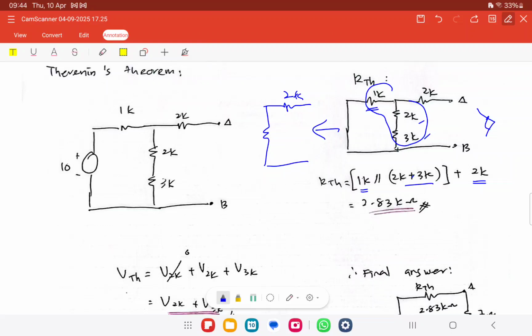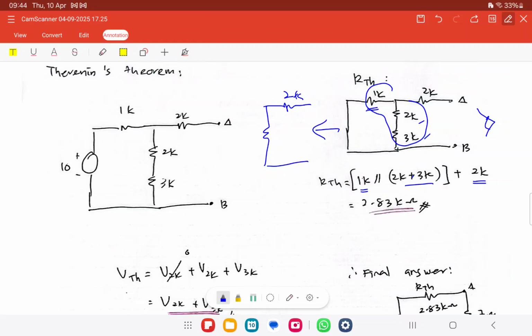So VTH, this one, V2K plus V2K plus V3K, sebab dia from this node. Tapi yang ni kenapa saya potong, saya letak kosong? Sebab saya suka makan telur. Saya suka bulat. Nama dia open circuit. V equals to IR, I is 0. Sebab tu jadi kosong. Tak nak potong dulu pun tak apa je.